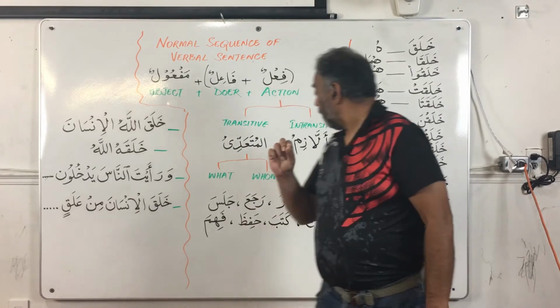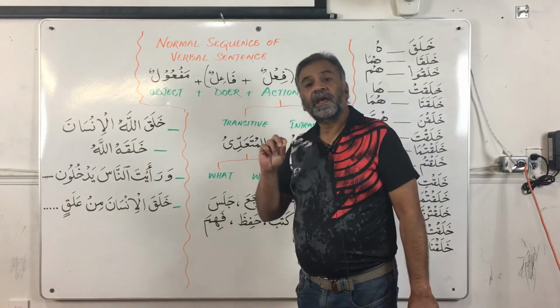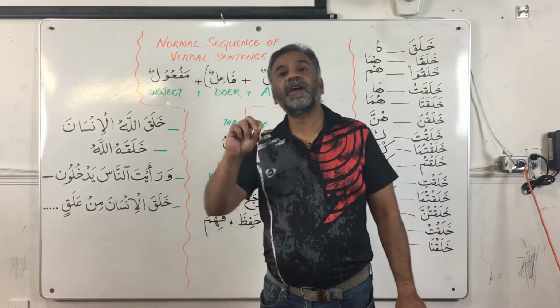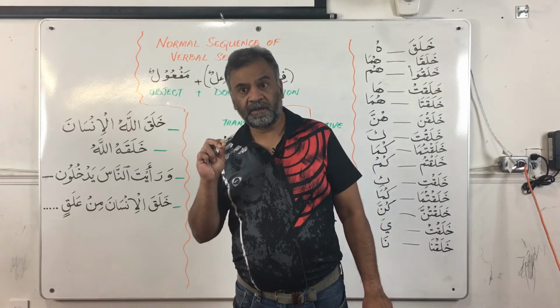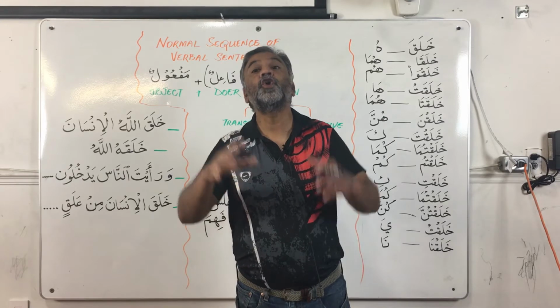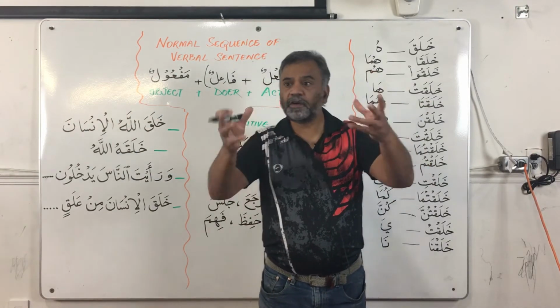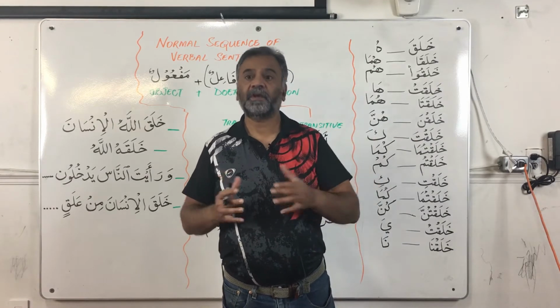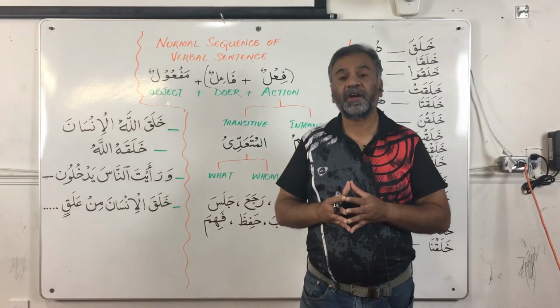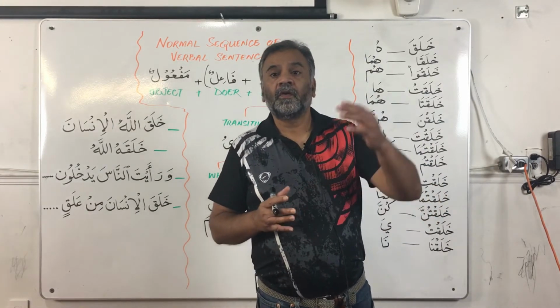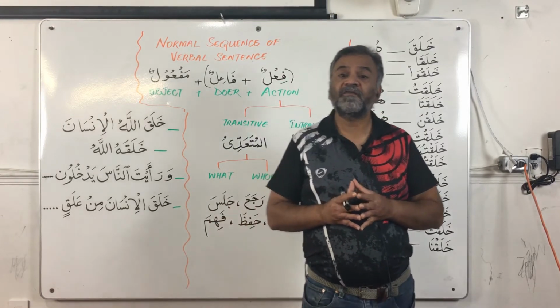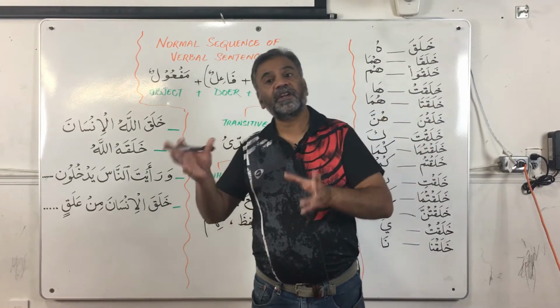For example, if I say fataha, what is the meaning of fataha? He opened, right? So whenever there is a verb that comes to our attention, we need to identify it as either transitive or intransitive.